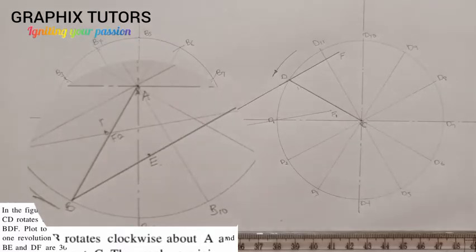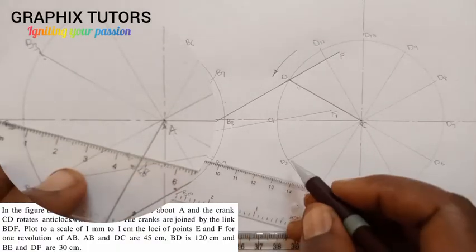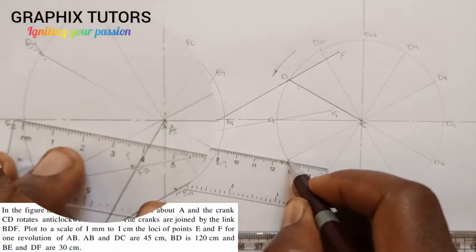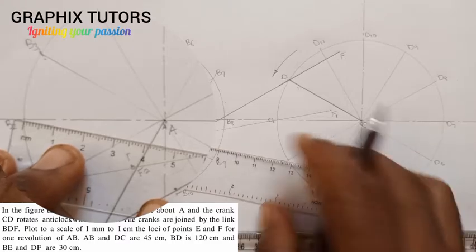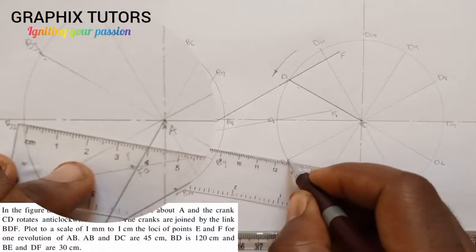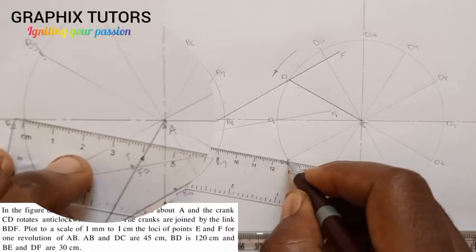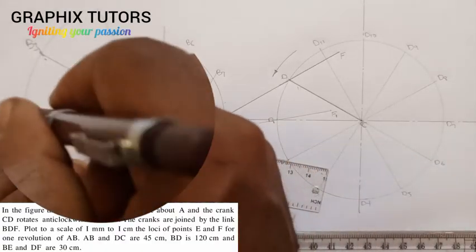Now I'll replicate it again, connect B2 to D2. So I place it this way, from here to here, B2 to D2, with a faint line.